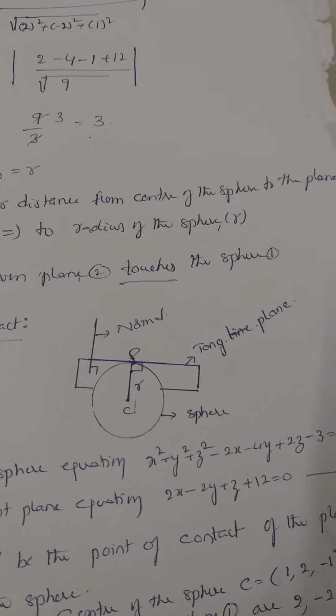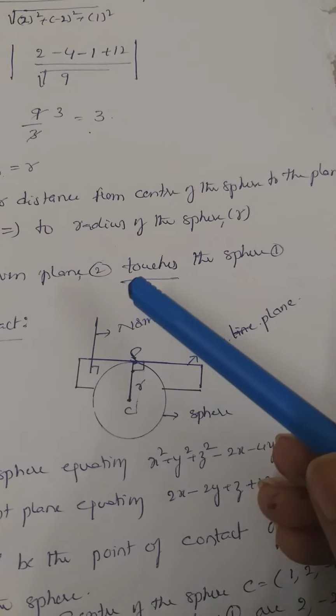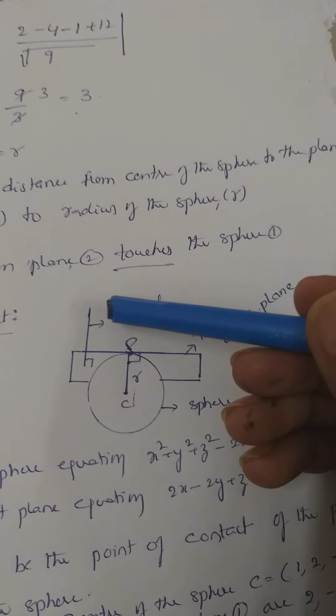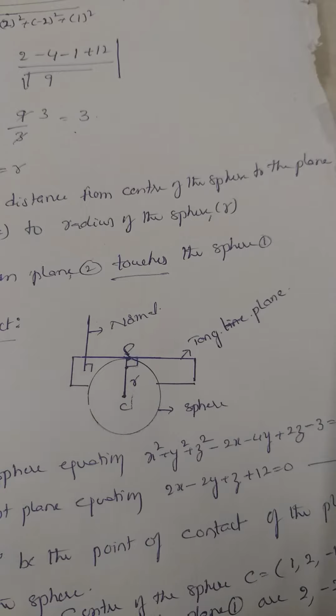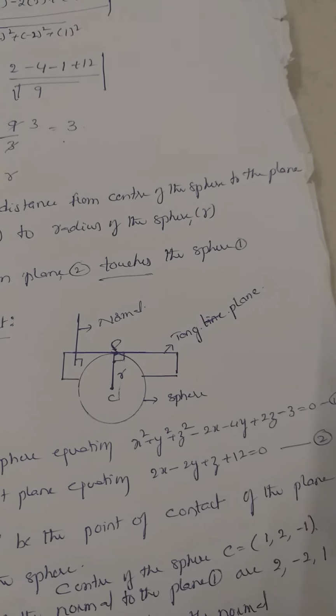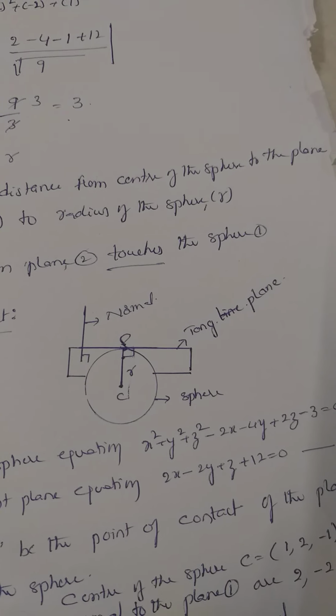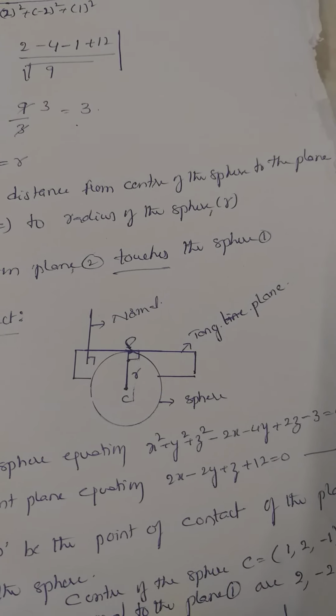Right. To find the equation of the line cp, first of all we are finding the direction ratios of the normal to the plane, right? To get the line equation cp we need to find it. If you want to find the line equation, we must know the point and the direction ratios of that line cp.